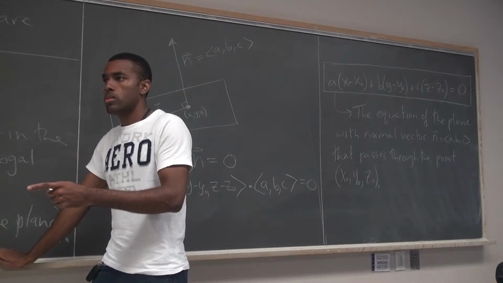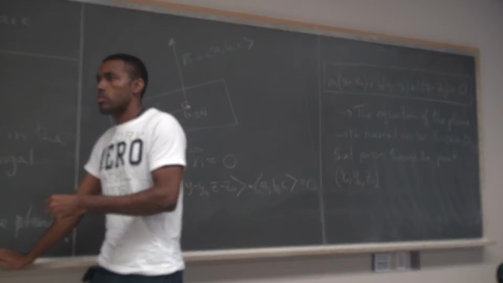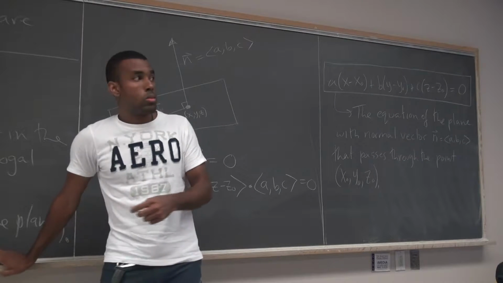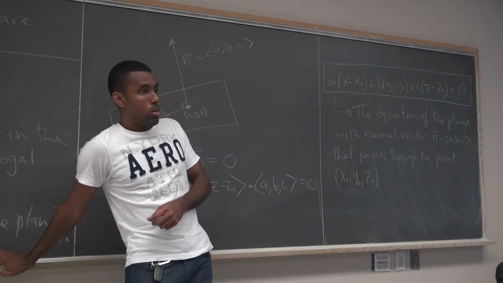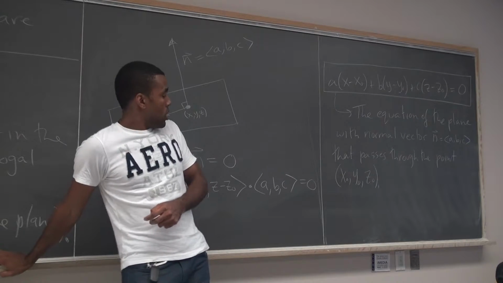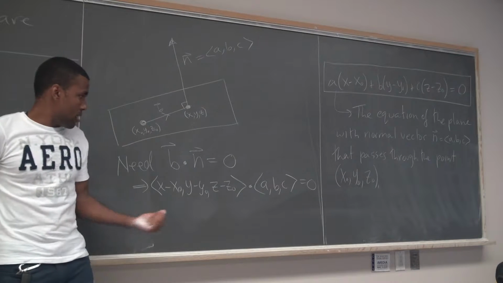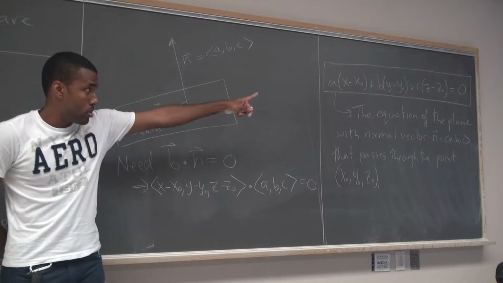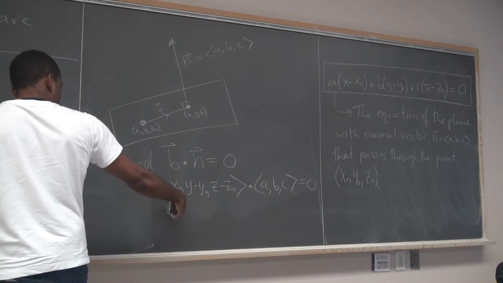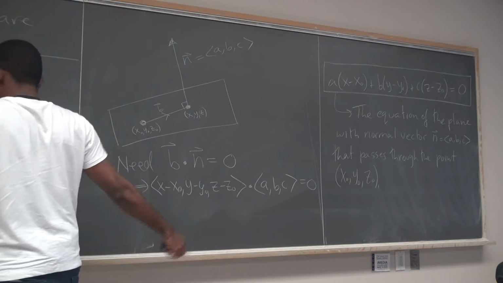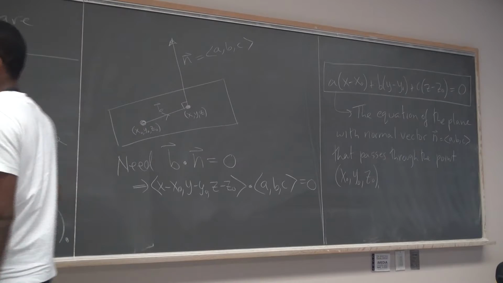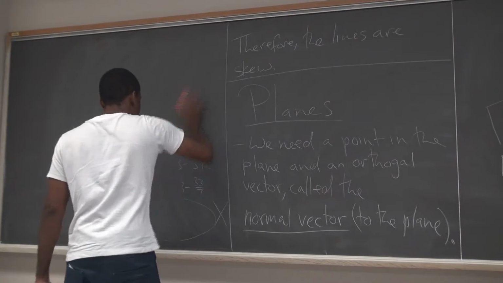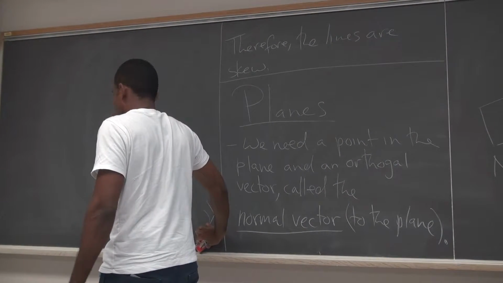Did you have a question? I was asking, I didn't write the vector equation, I just put the linear equation, ax plus by plus cz plus a equals 0.